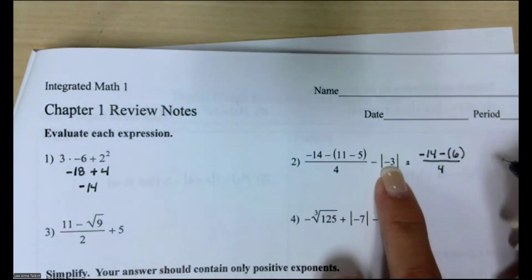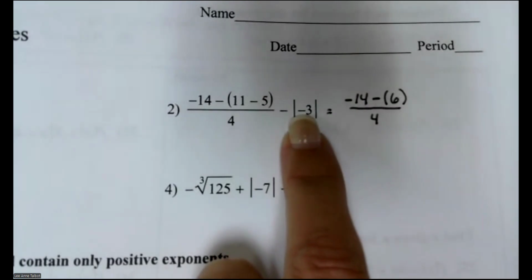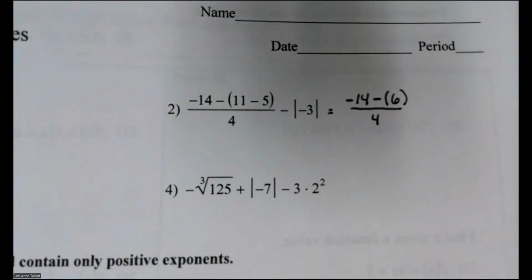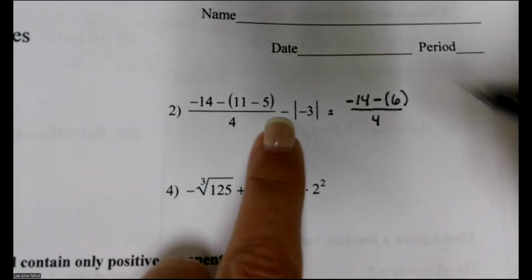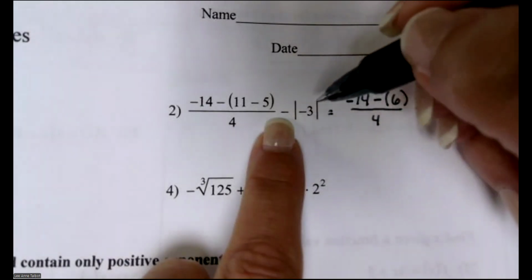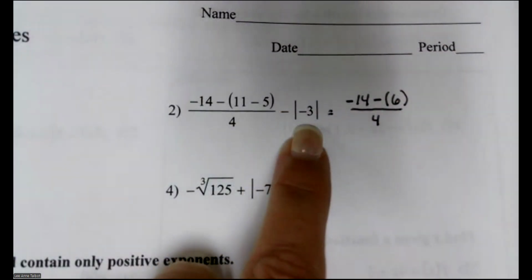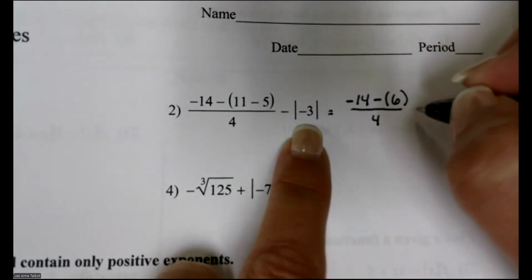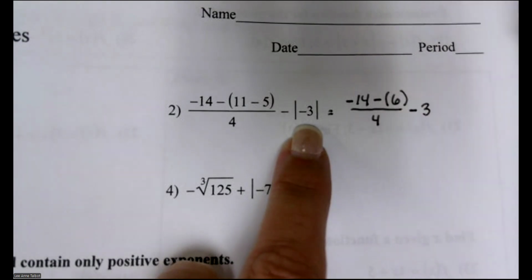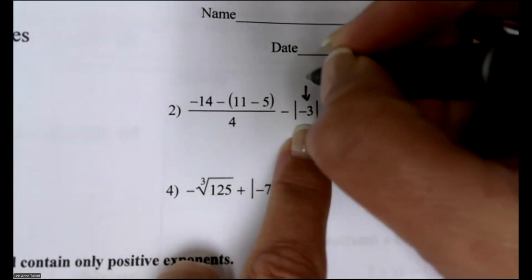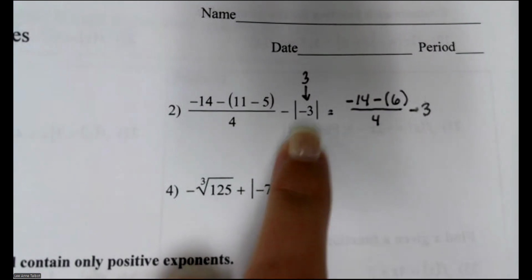Okay, and then right here, this is very confusing, and there were a bunch of people who did this wrong on the quiz, so I want to go really slow here. A lot of people went plus plus. If this was parentheses, that's what you would do, but this is not parentheses, it's absolute value. So you have to take the absolute value first. So this is -3. So this becomes 3.